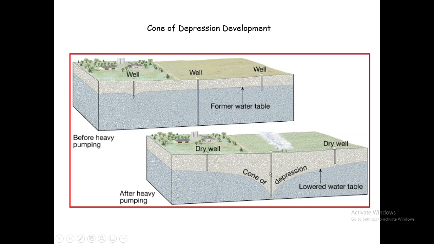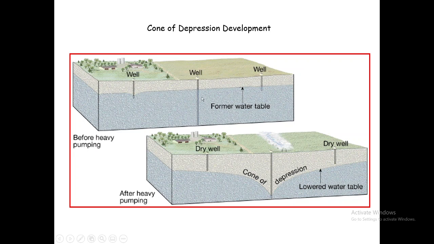But here in this case, the cone of depression has become deeper due to the higher rate of water extraction from this well. And due to this higher water extraction, the water table level has first of all reduced, and then it has become deeper as well at this point.